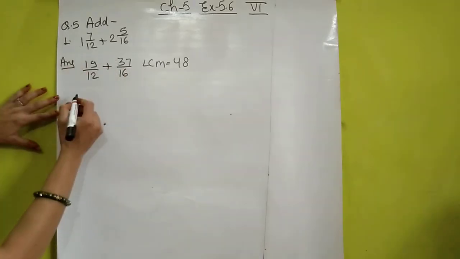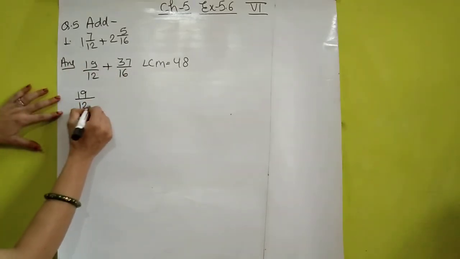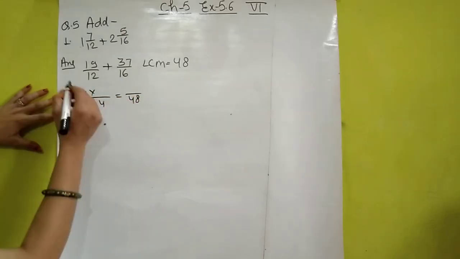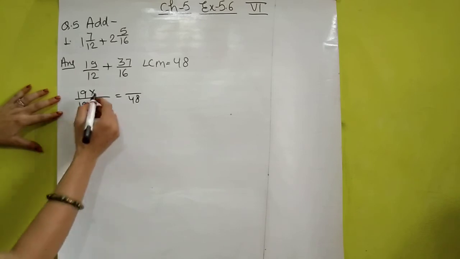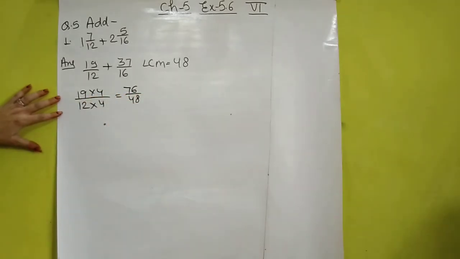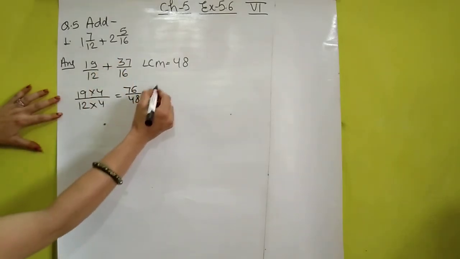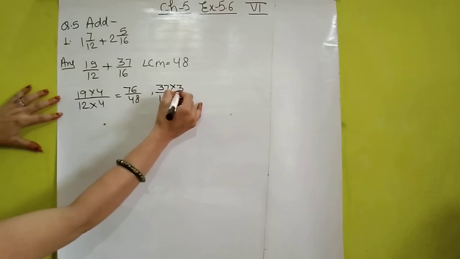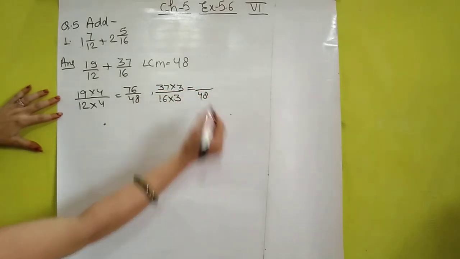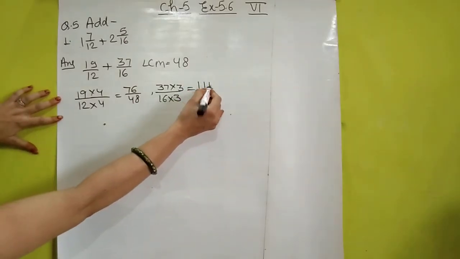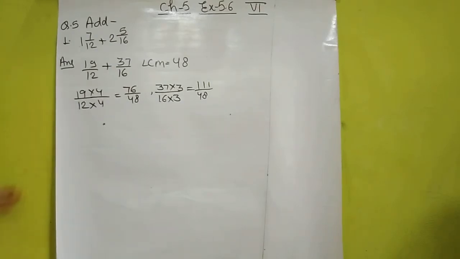So students, again I will take 1 fraction, and I will make denominator 48. So as you know students, 12 4s are 48, then 19 4s are 76. Now 37 upon 16, when you will multiply by 3 upside and downside, you will get downside 48, because 16 3s are 48, and upside what will come students? 111, because 37 3s are 111.